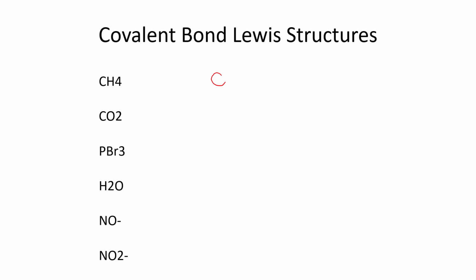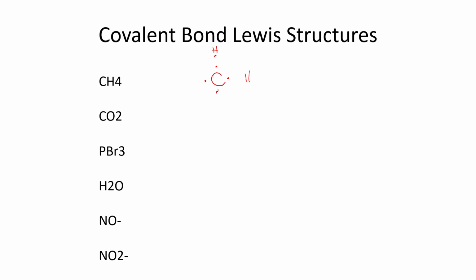Carbon is a group 4A, so that means it has 4 valence electrons. 1, 2, 3, 4. So we're going to put our hydrogens around it, and hydrogen's in group 1A. And being in group 1A means that hydrogen is going to have 1 valence electron. So we're going to put hydrogen here, and we're going to orient the valence electrons near each other.